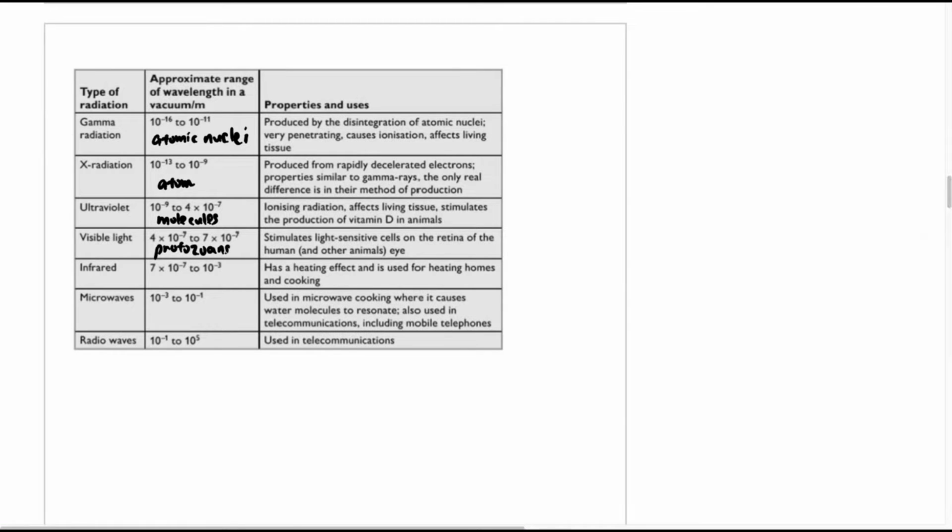Protozoan is a microorganism. Infrared is the size of a pinpoint. Microwave is the size of a bee. Radio wave is about the size of a human or a building.